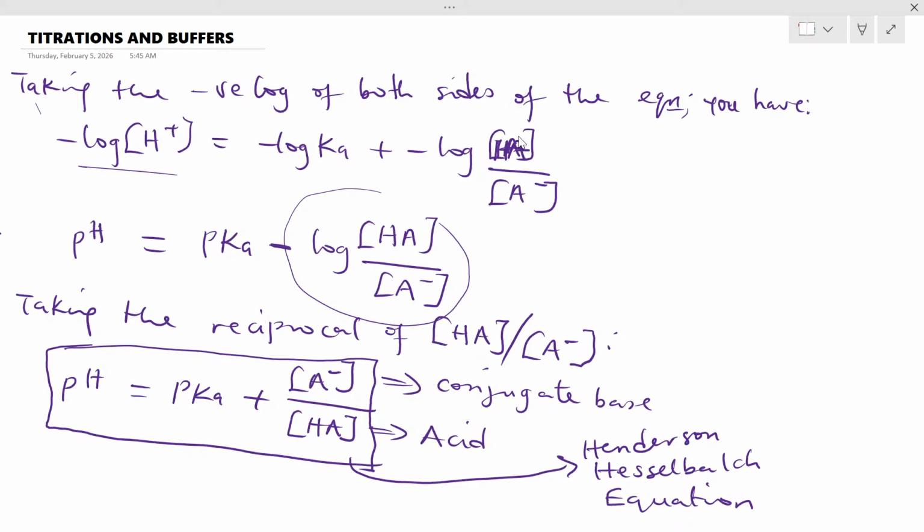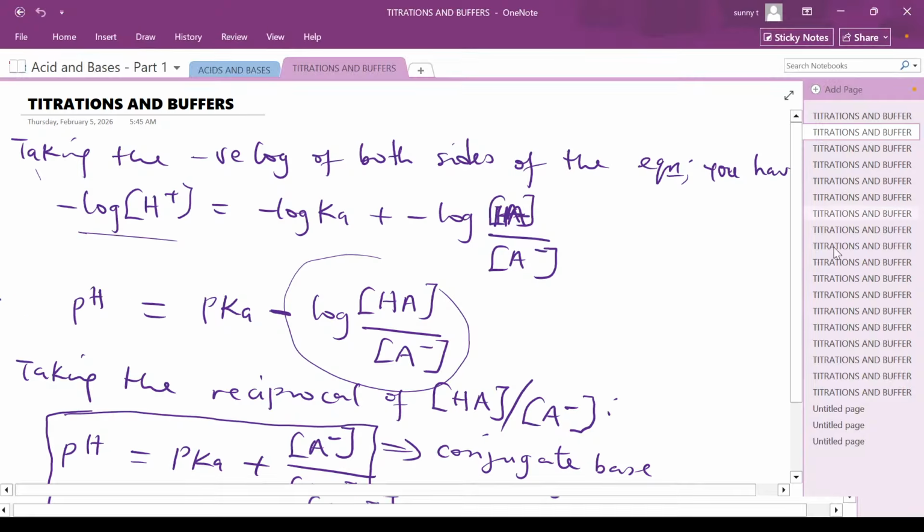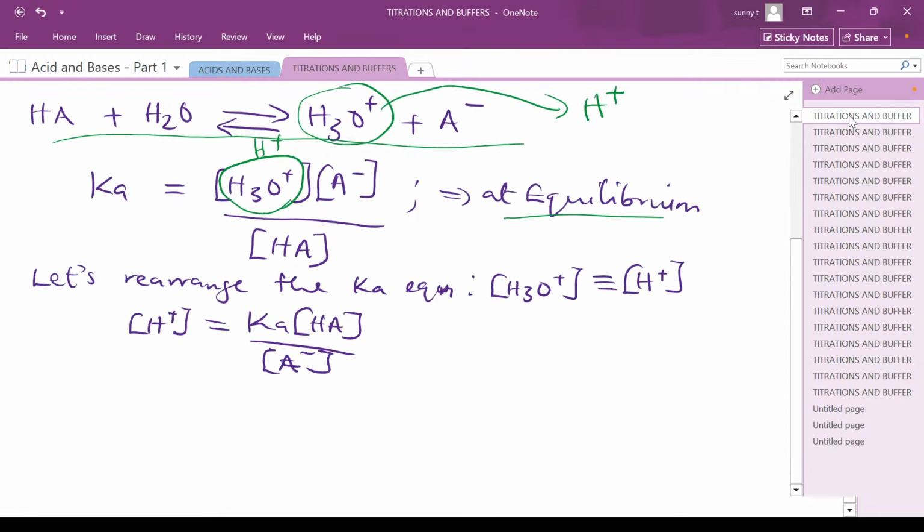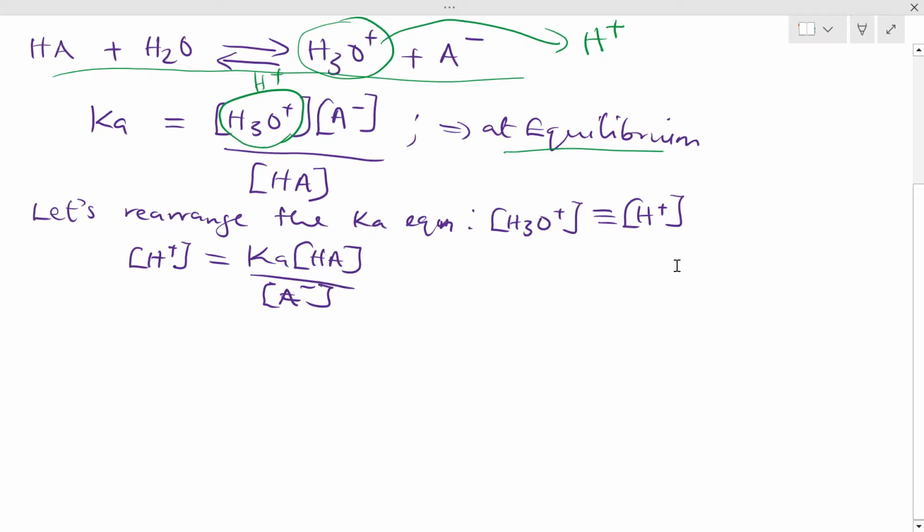It started all the way from this equation right here. If you want to start a derivation, you must show an equational relationship, then step by step.